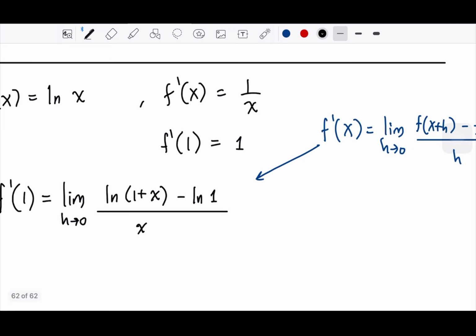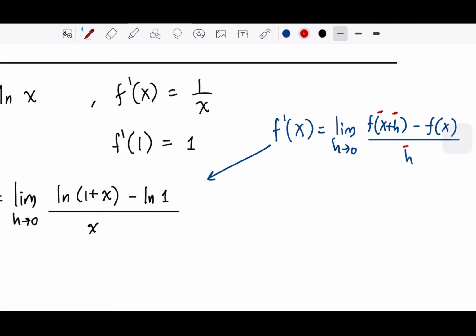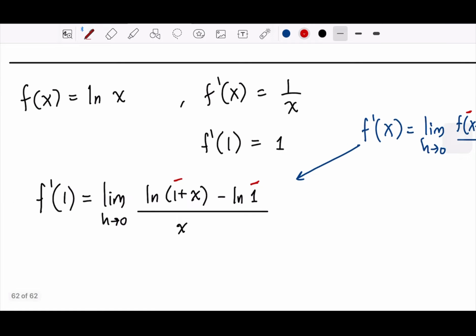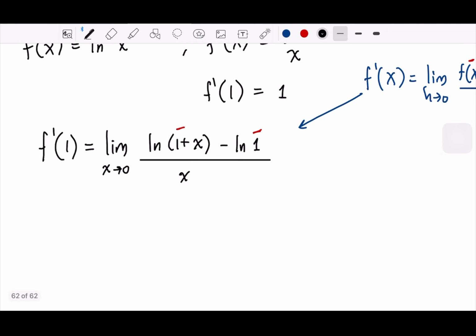I'm changing all the h to x, and changing x to 1, so this is also changing to x. Now we can simplify it. Take 1 over x.